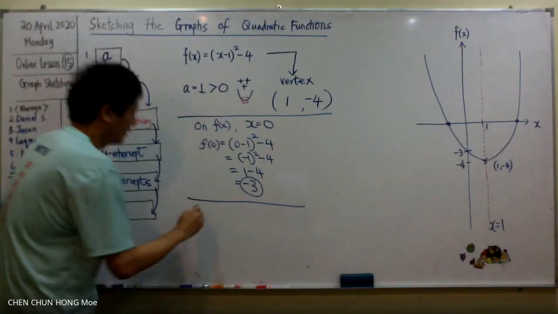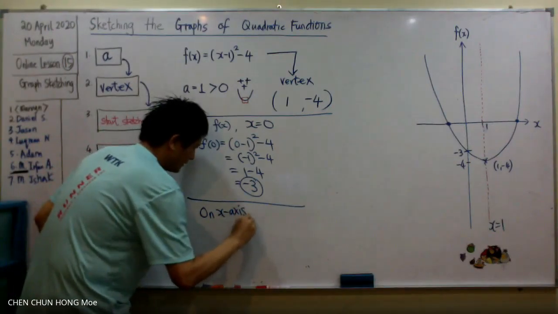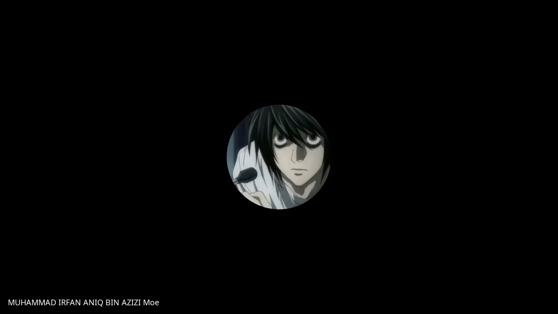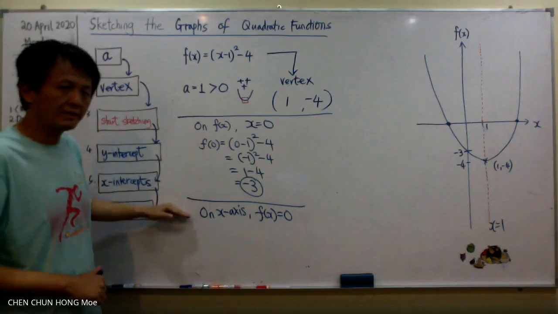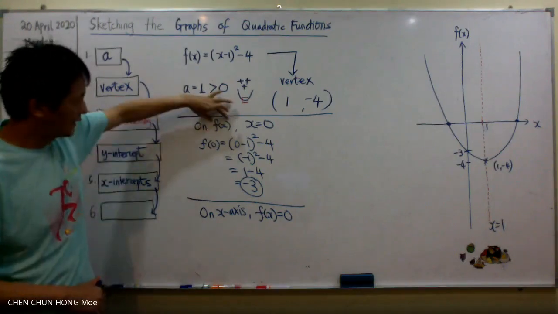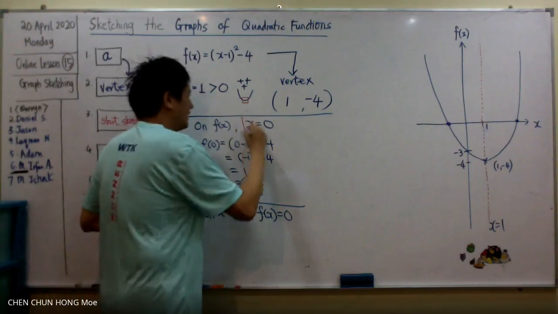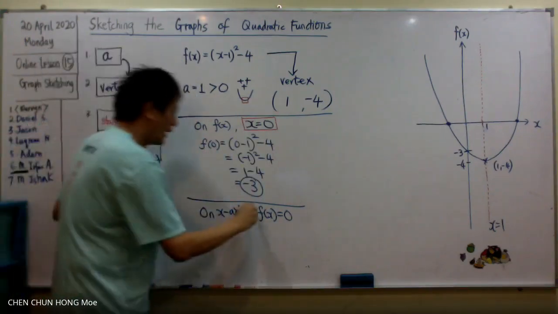On the x-axis, y is 0, meaning f(x) is 0. These two are the ballet. So you have to remember on y, x is 0. You have to remember this as the key. And on x, y is 0.